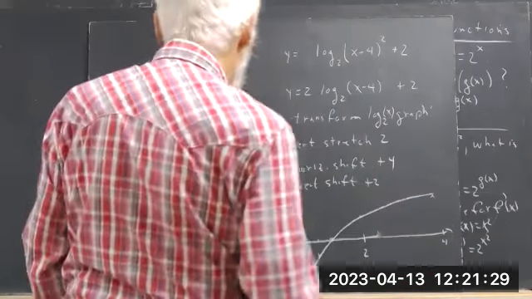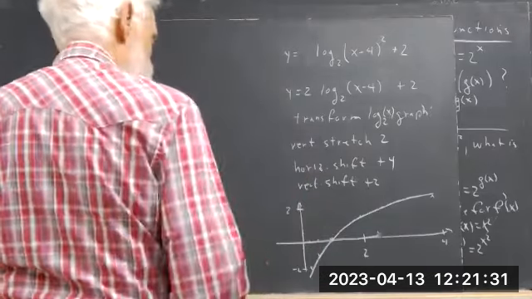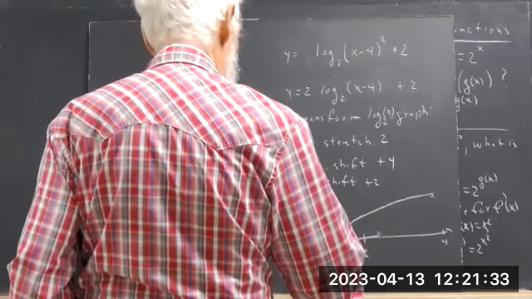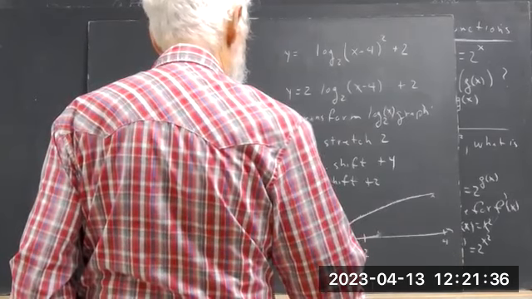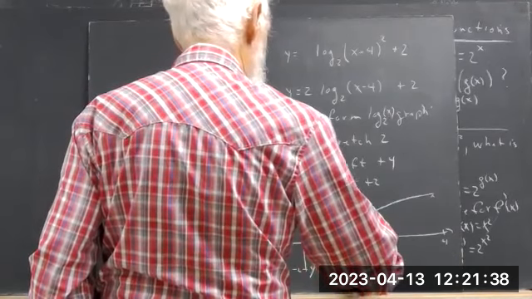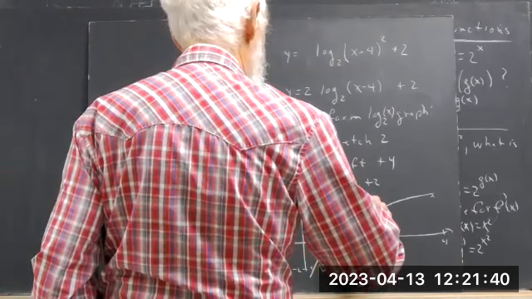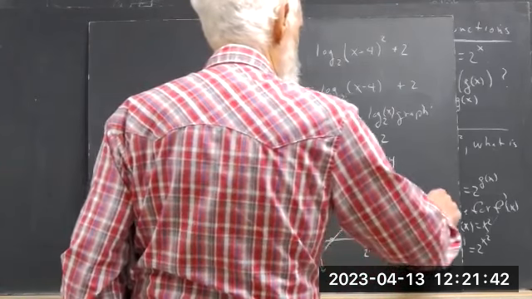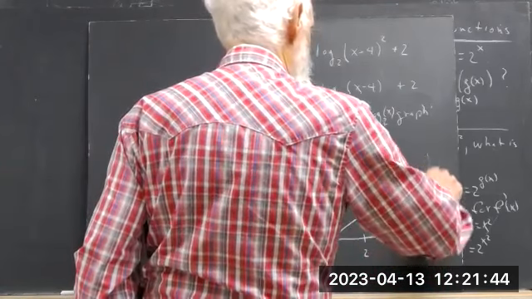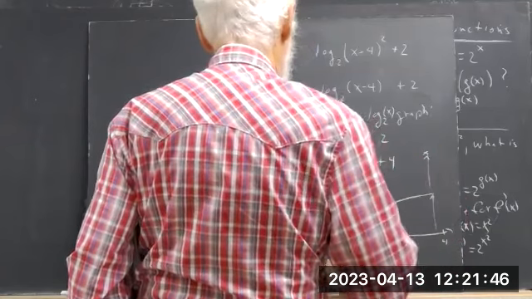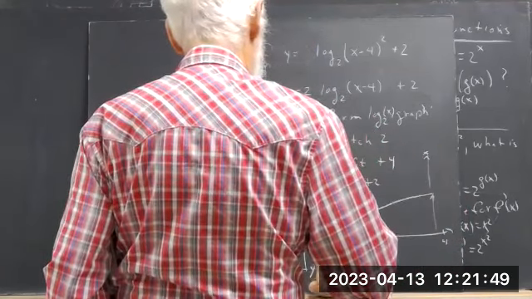So we vertically stretch it by a factor of 2. How do we do that? Take every y value and double it. Again, we've done this a number of times.